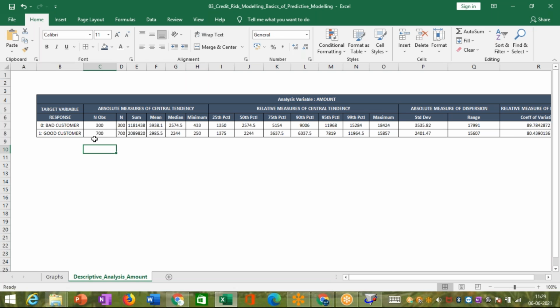Now, let's try to see the differences in the approach that we have. How is the distribution different, for the amount variable, between the good and the bad customer, right? Is it that the bad borrowers have a greater exposure compared to that of the good customers?